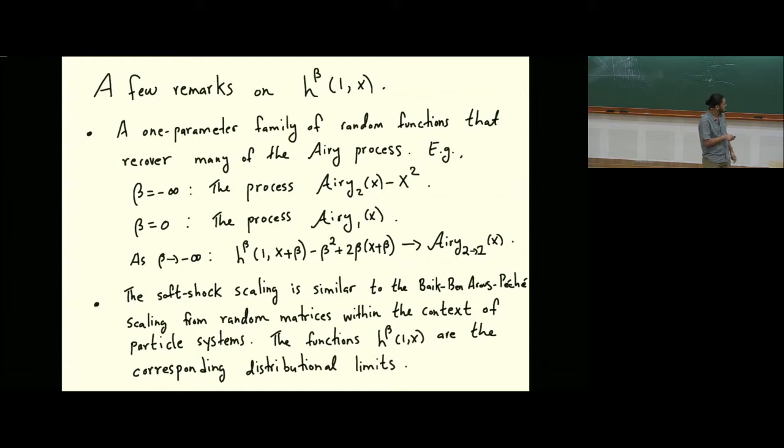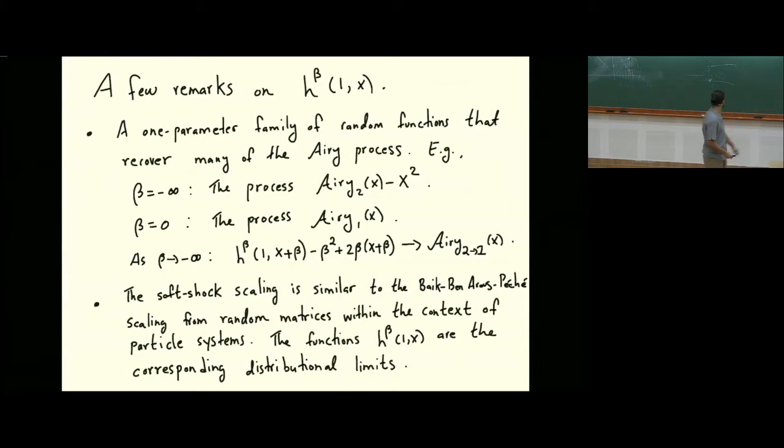And these height interfaces are the corresponding limits. In the random matrix world, you would take a Wishart matrix, add some rank 1 perturbation, and look at the largest eigenvalue. Here, you look at the particle positions at the shock, and if you were to describe them in terms of this height function, that would be the corresponding thing in the world of particle systems.